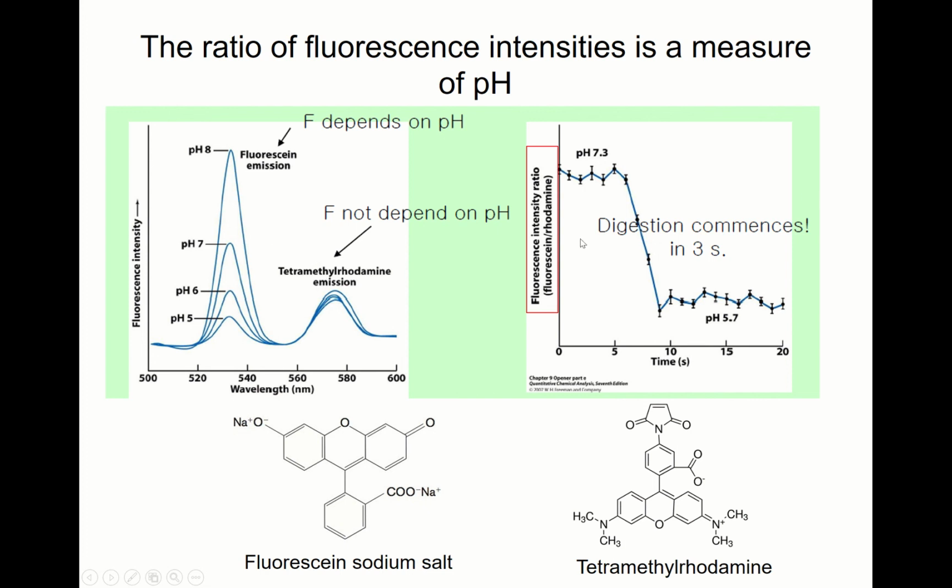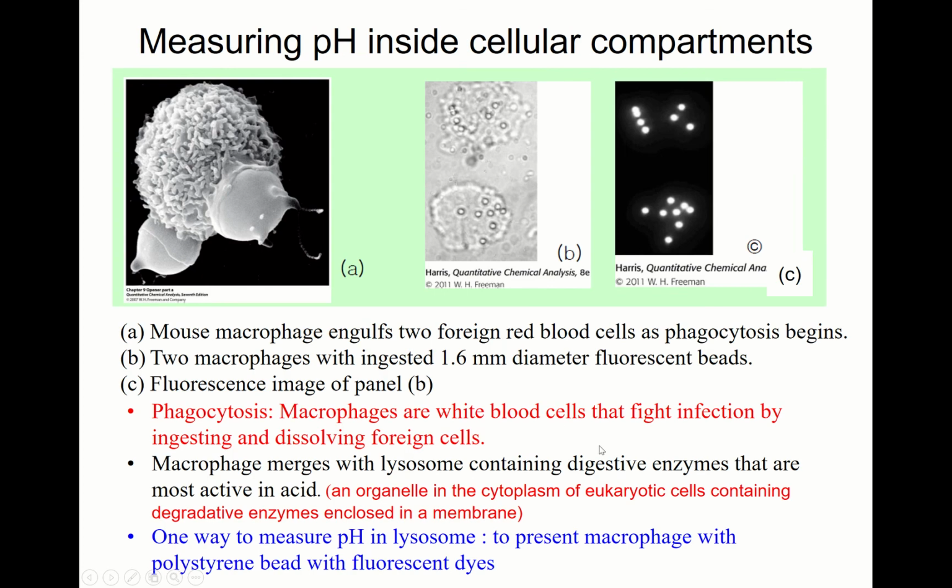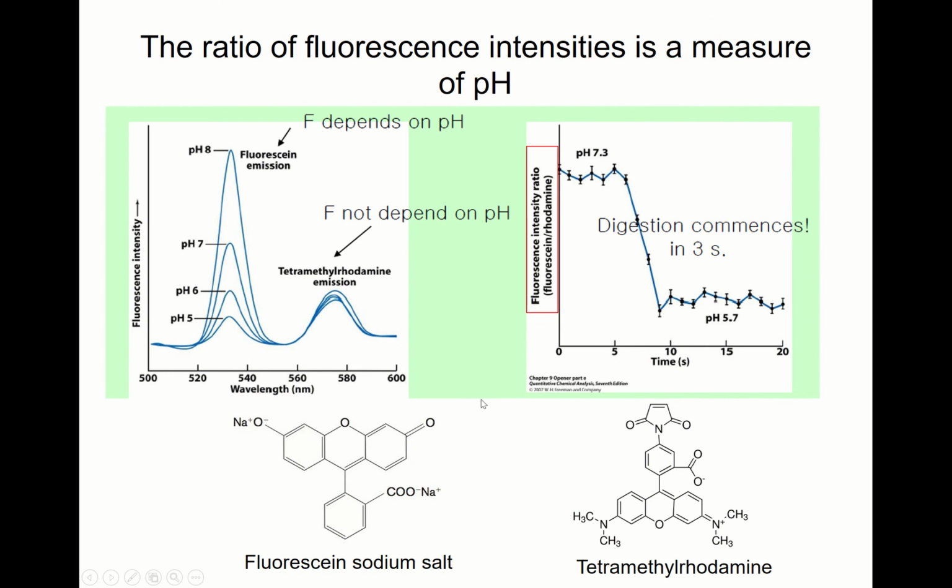Here, look at this figure. It shows the changes in fluorescence intensity ratio, which means the ratio of the fluorescein peak and the rhodamine peak, as a function of time. When this macrophage eats the foreign red blood cell, the digestive enzymes in the lysosome work, and they work at lower pH.